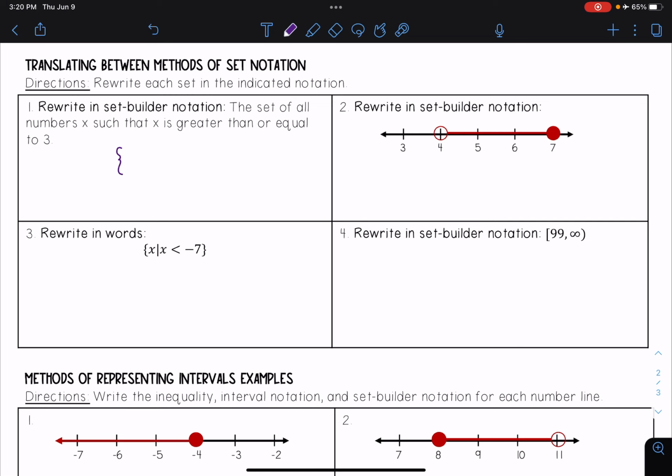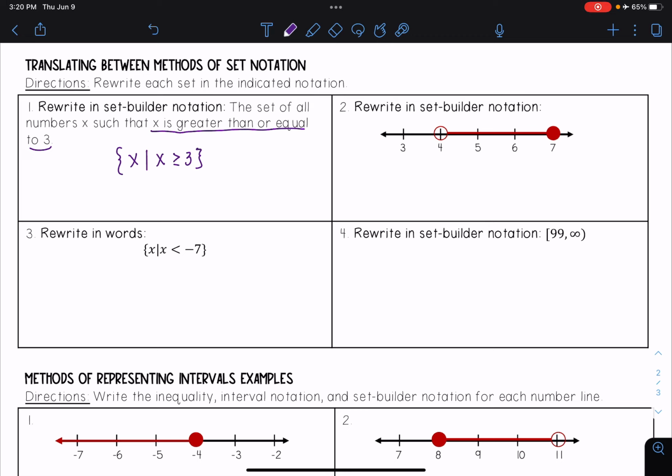And it says the set of all numbers x, so I have x, such that, that's going to be my straight line. And my property is x is greater than or equal to 3. Writing that as an inequality, that's x is greater than or equal to 3. And there it is in set builder notation.